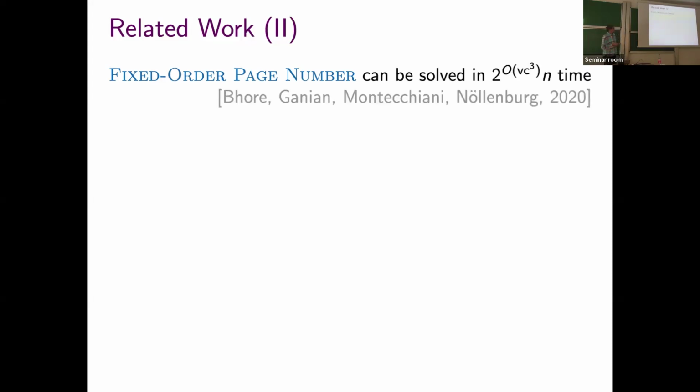Now, we've already mentioned fixed order page number. So that's the smallest number of pages that you need in order to map all the edges in the given vertex order to pages.